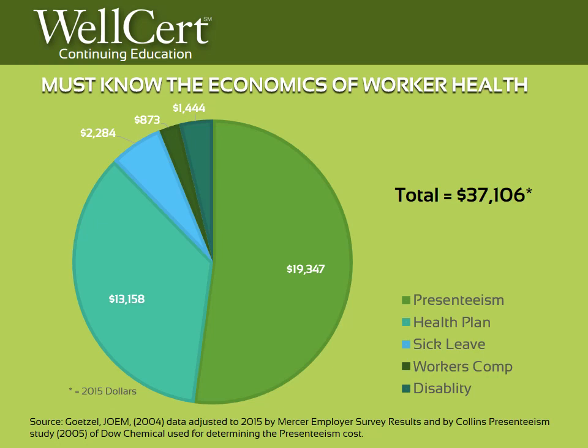A major portion of that is in our health plan costs. But another major issue is our presenteeism related loss, or losses due to the fact that I go to work with some underlying medical or health symptoms, and that affects how productive I can be at work.